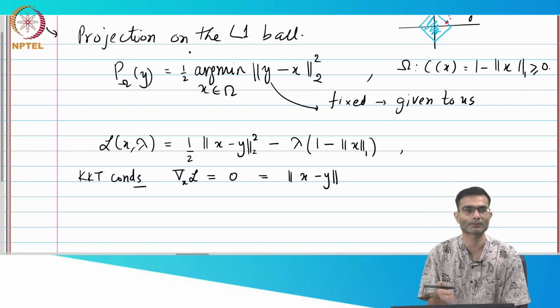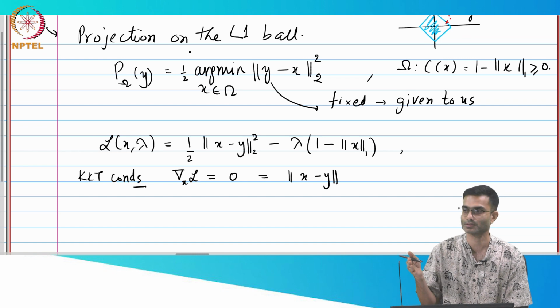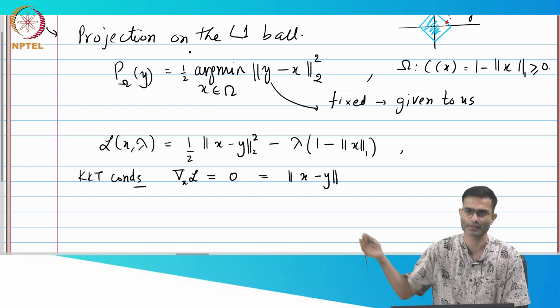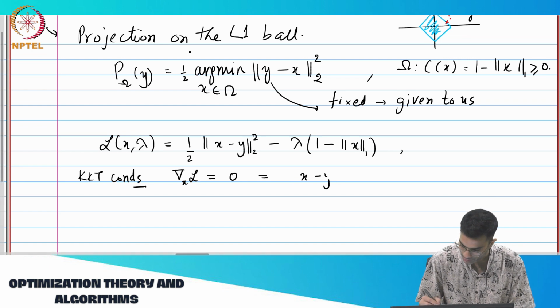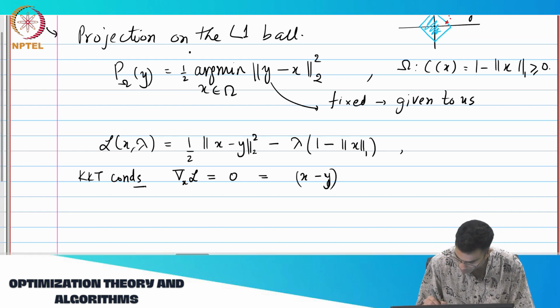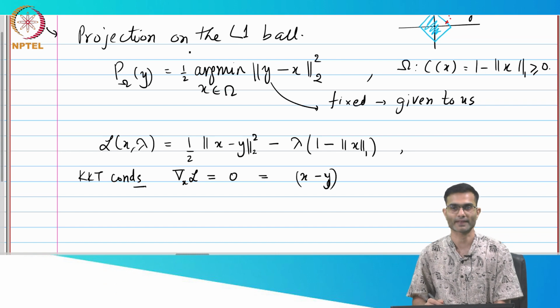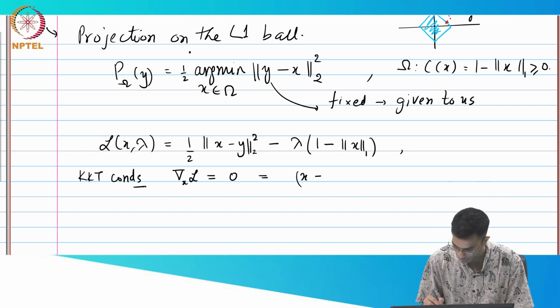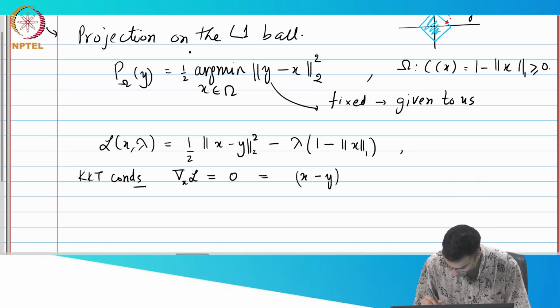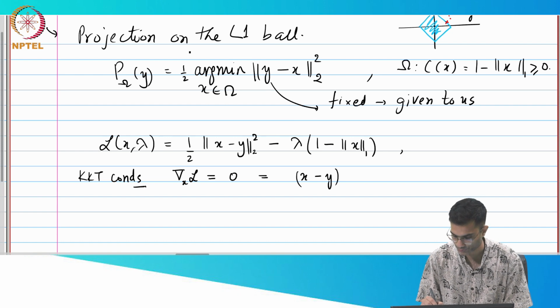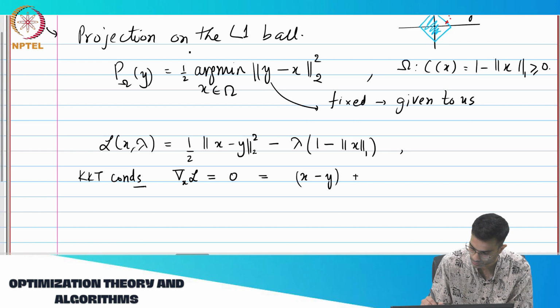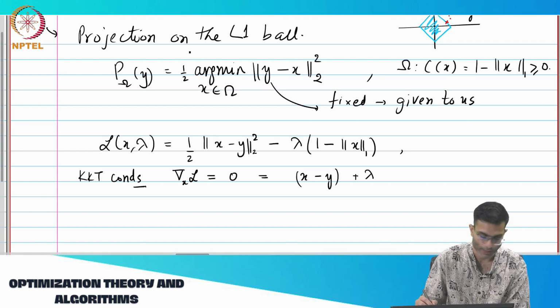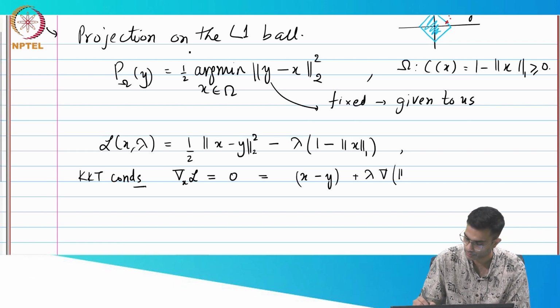You can just open it up, for example, x1 minus y1 whole squared plus x2, and take derivative and you will get this. Sorry, not the norm, what am I writing, you will just get this, right, it's a vector. Okay, then I have my issue over here. So this becomes a plus lambda, and I have, right.